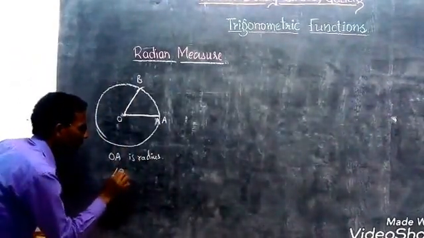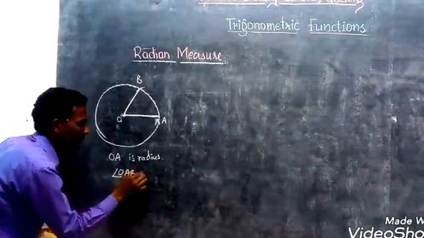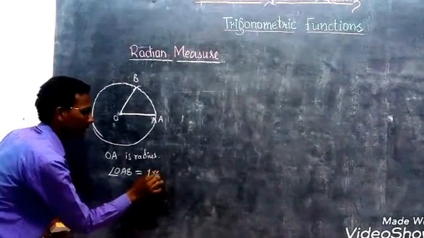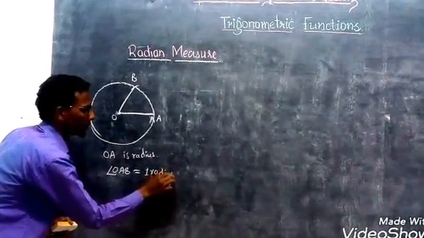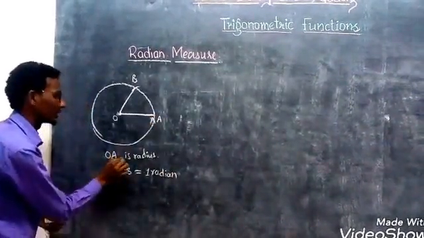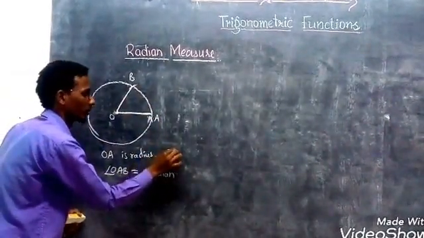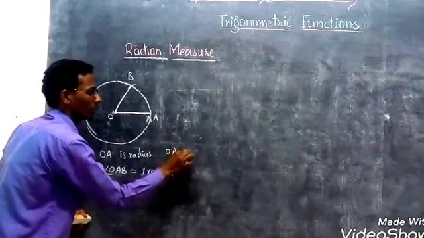Angle OAB is equal to 1 radian. Here OA and AB are the same in length. OA is equal to OB.